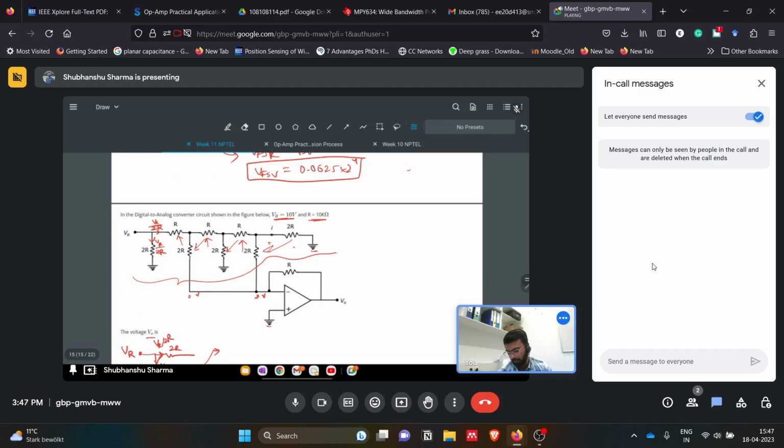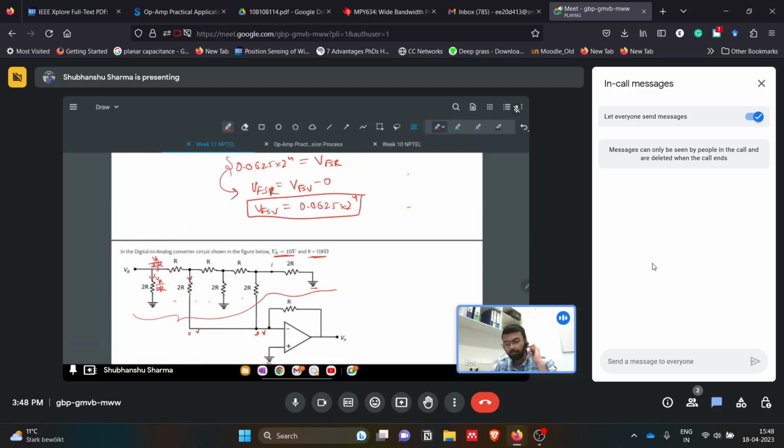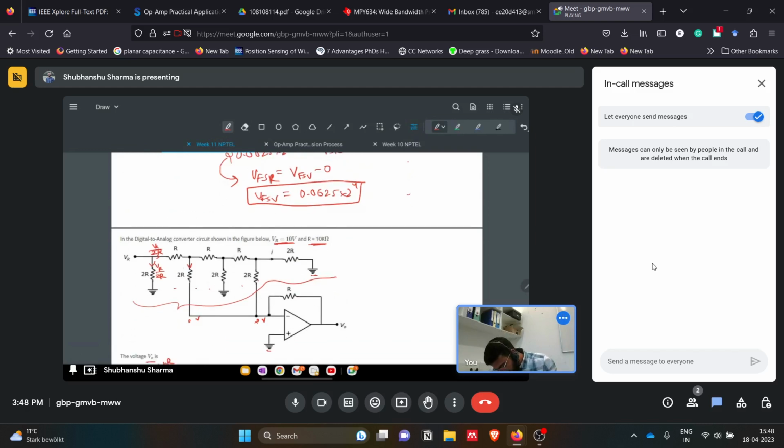Since this is an R to 2R ladder, for each and every ladder the circuit on this side is the same as the circuit on this side. So we can use a similar approach: we can divide the current equally into both the branches again and again.